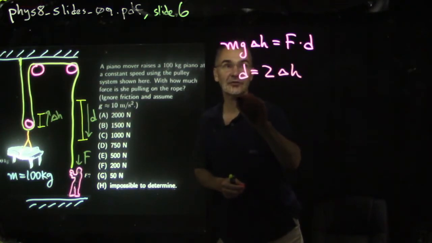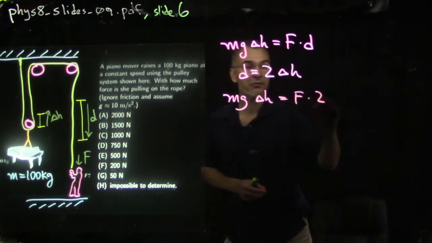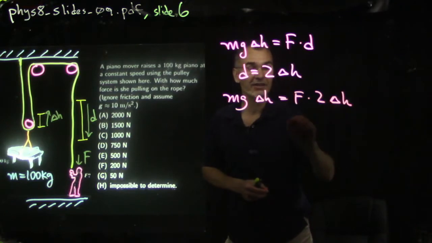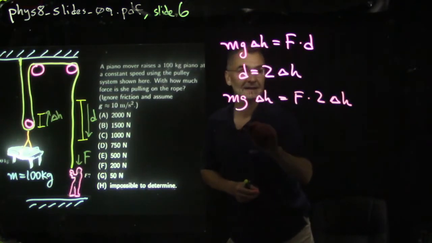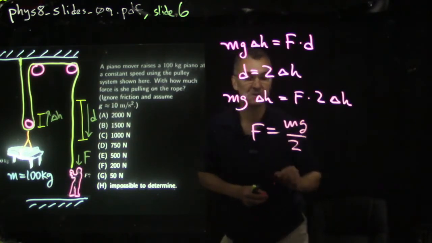So that gives us that mg delta H is the force times 2 delta H, and that gives us that the force is mg over 2.